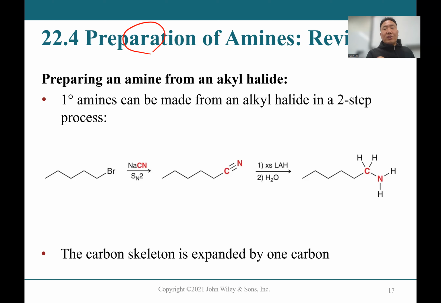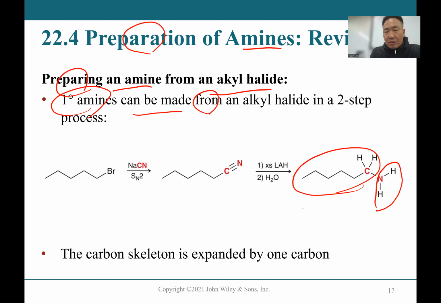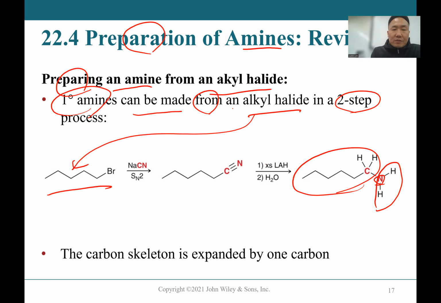Okay, preparation of amines. So preparing an amine from an alkyl halide. A primary amine, with one alkyl chain on nitrogen, can be made from an alkyl halide in two steps, step 1 and step 2.